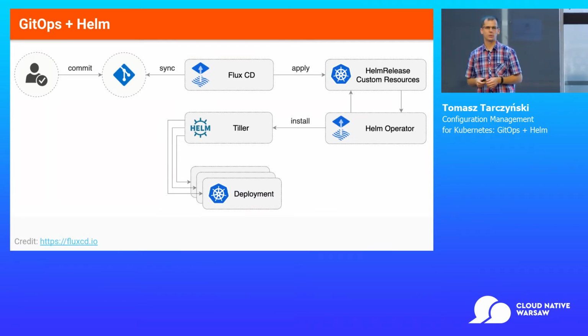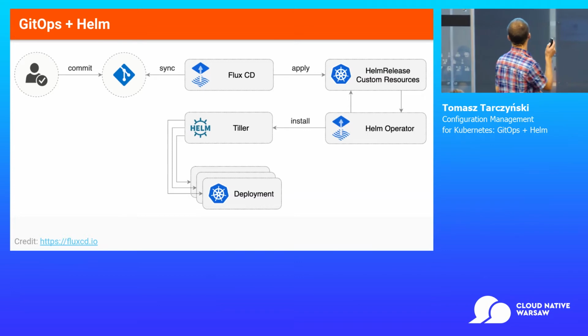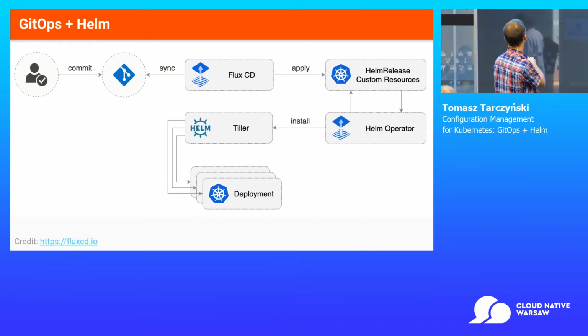How would it look? What we can see here is that I'm an operator. I put the description of the state into my Git repository. Then I've got this Flux daemon that makes sure that all those objects are created inside the cluster.